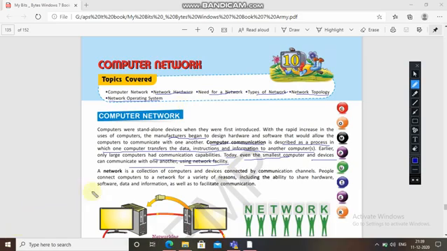So, a network is a collection of computers and devices connected by communication channels. Different communication channels are there, and a network is what? It is a collection of computers and devices. Okay, so people connect computers to a network for a variety of reasons, including the ability to share hardware, software, data, information, as well as to facilitate communication.